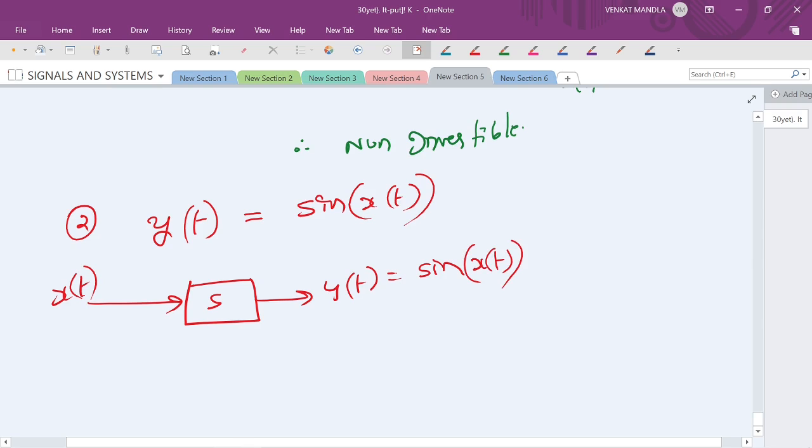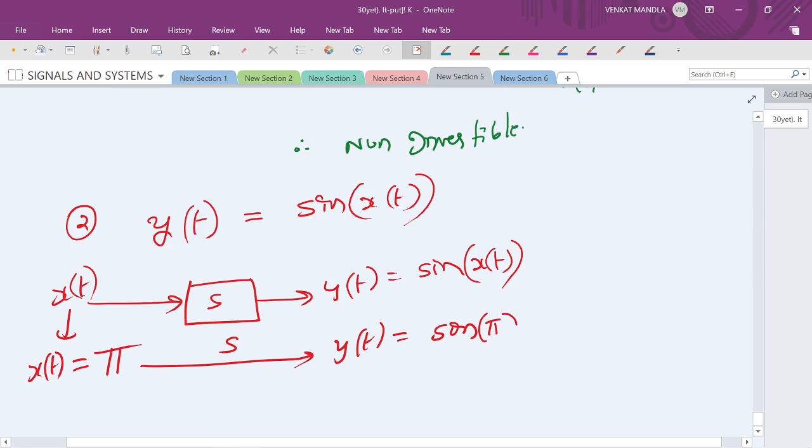For a non-zero value of input, let us say x(t) equal to pi, this is a non-zero input. I am giving this input to the system. And what is y(t)? Sine of x of t. x of t is pi. What you are getting? 0.